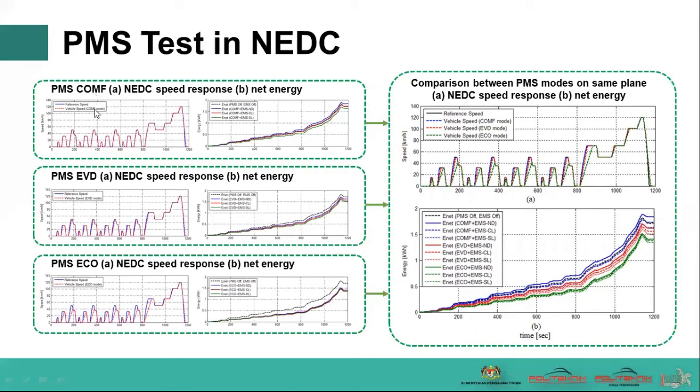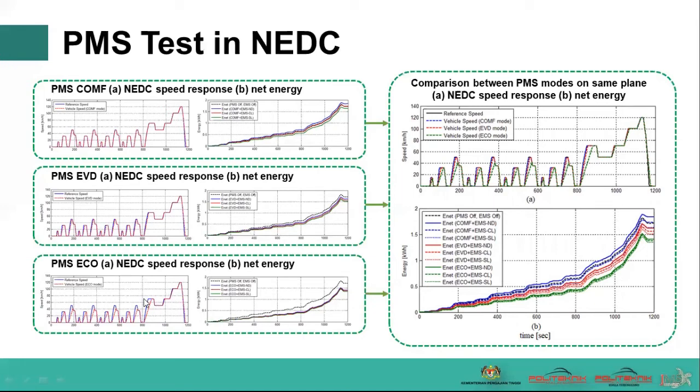Here we can see the well track fixed reference, where there is no acceleration limit, and the net energy varies around the reference. But in EV driving, we can see a slight reduction in gradient due to the acceleration limit, and the net energy is less than reference.